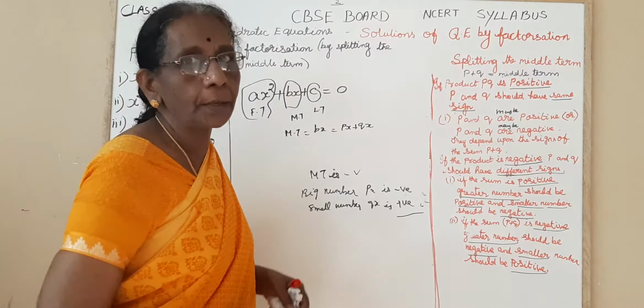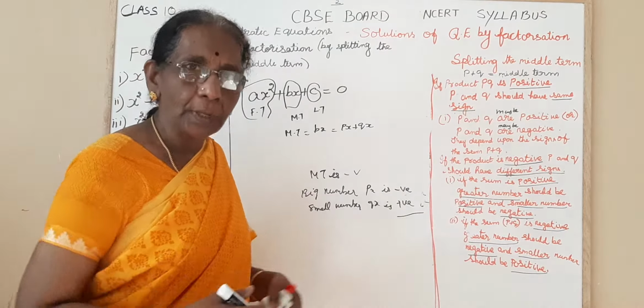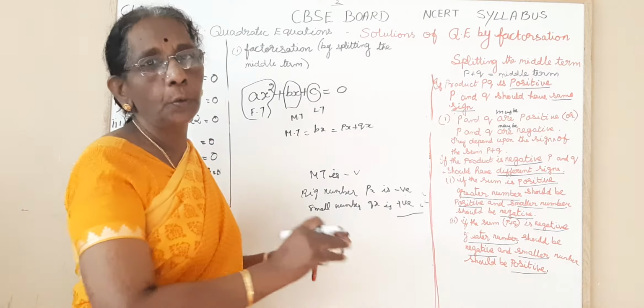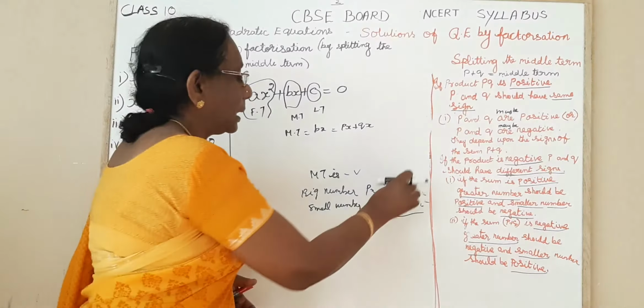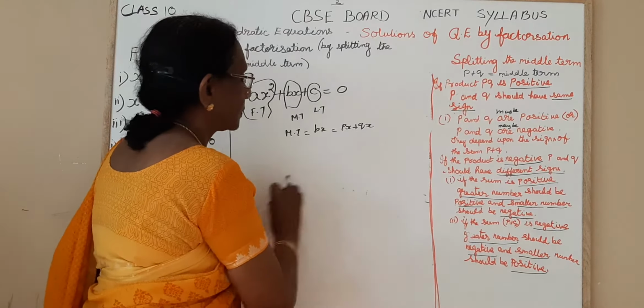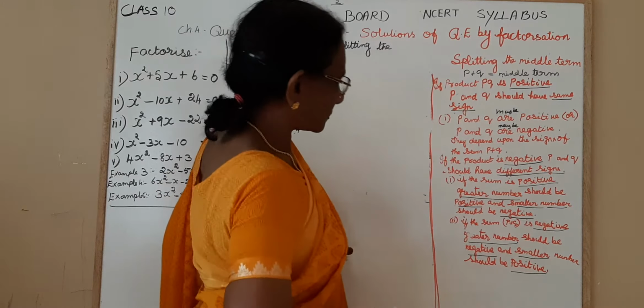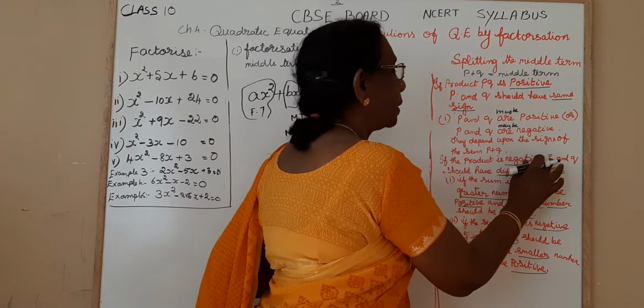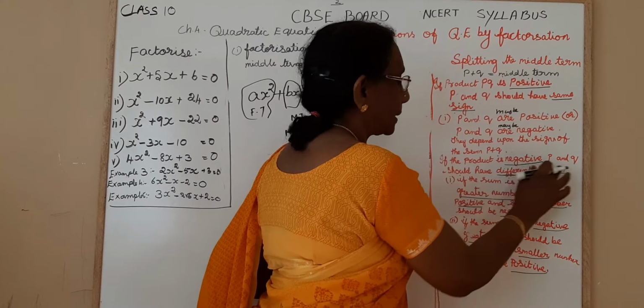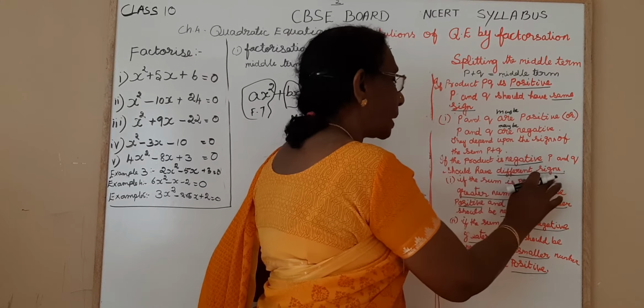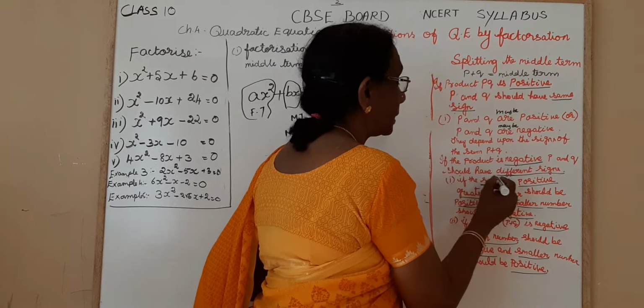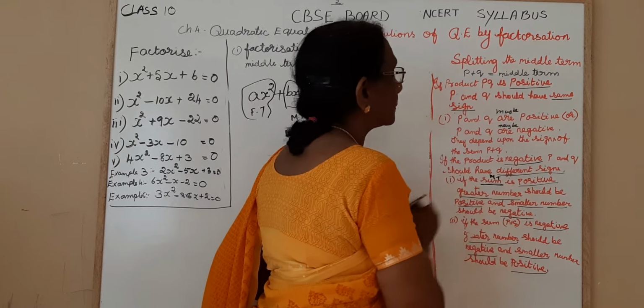So this is the basic you have studied in 9th standard that we have just recalled to use in this factorization method. So that's why I have written here, if the product is negative, P and Q should have different signs. If the sum is positive, here sum means the middle term.